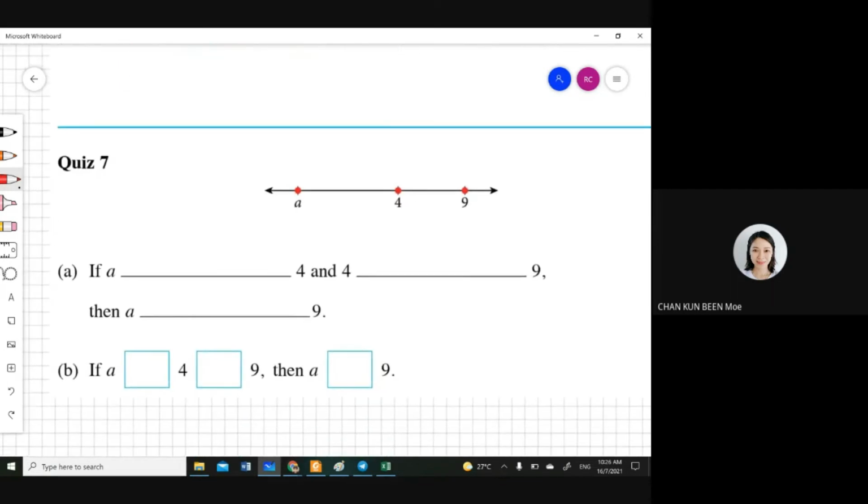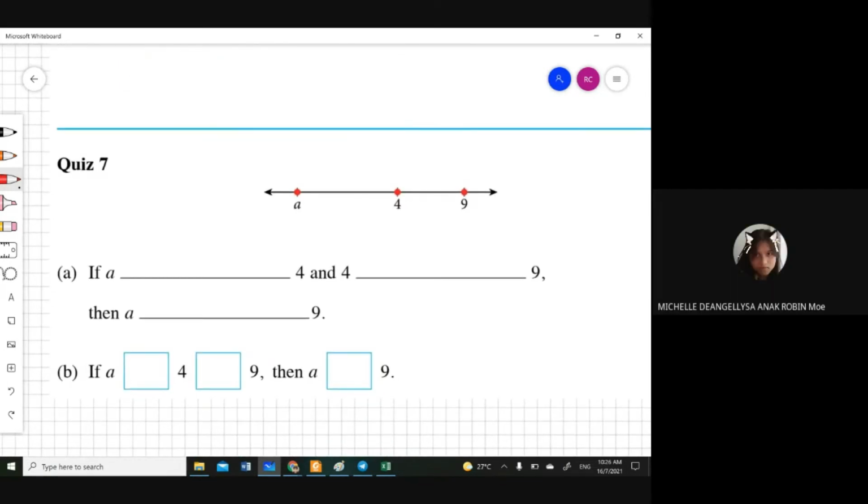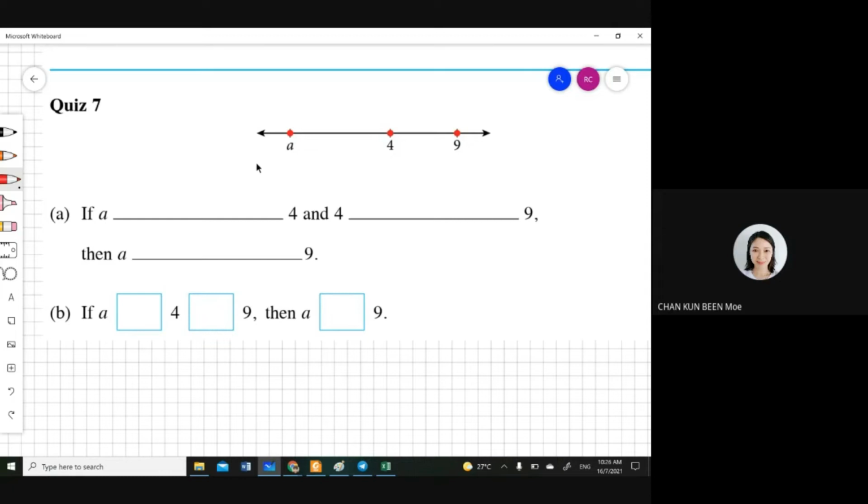Do you have any question? No. Okay, now we look at this one. A, 4, 9. So the one on the right is always bigger. 9 is bigger than 4, 4 is bigger than A. Or we can say A is less than 4, 4 is less than 9. If A and 4, is A bigger or smaller?